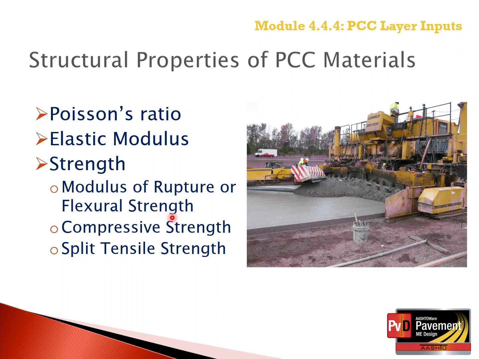The structural properties of the PCC materials or layers include Poisson's ratio, elastic modulus, and the strength of the PCC mixture, which can be the modulus of rupture or the flexural strength, the compressive strength, and as we noted earlier, the split tensile strength is required for CRCP design. The modulus of rupture or the compressive strength are needed for all rigid pavement design strategies.